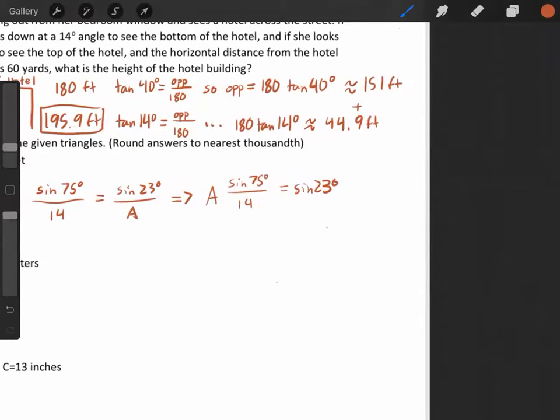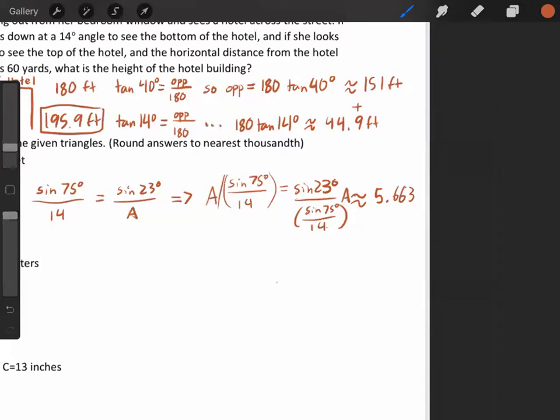Then divide this, so you've got sine 23 degrees, and you divide that by sine of 75 degrees over 14, this whole thing, and you get an approximation that a is approximately 5.663.